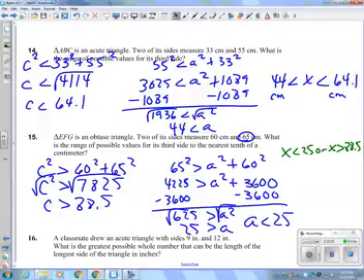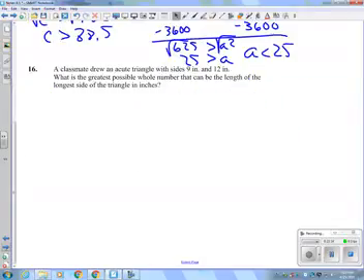So in our last question, we have a similar thought. It says a classmate drew an acute triangle with sides 9 and 12. What's the greatest possible whole number for the longest side? So in this particular case, we're looking for acute, and it's telling us it has to be the longest side of the triangle.